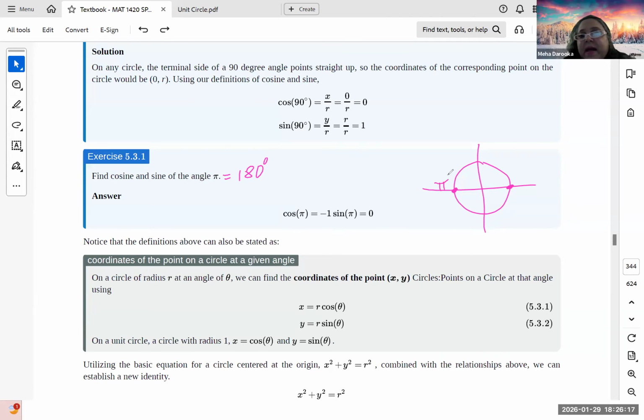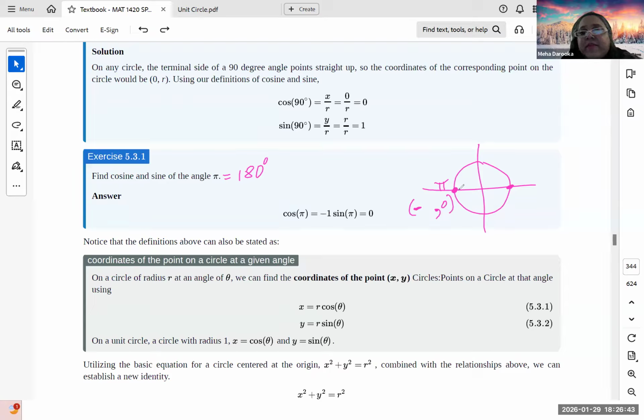So your angle pi is going to be right over here, which means you are looking at this point here, which remember I had told you, since this is on the negative x-axis, we know this is going to be a negative value, right? For any point that you have on the x-axis, remember your y is going to be 0. So you need to remember that.